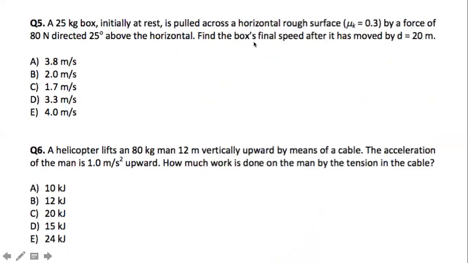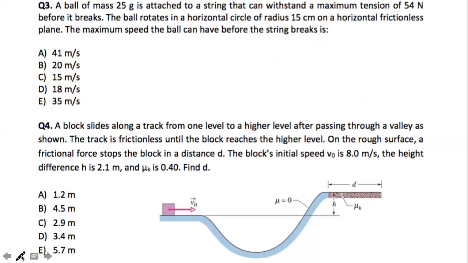Great. Let's look at the next problem. Question number 4. You read it carefully, and then you solve it. So I have this block and I give it an initial speed of 8 meters per second.